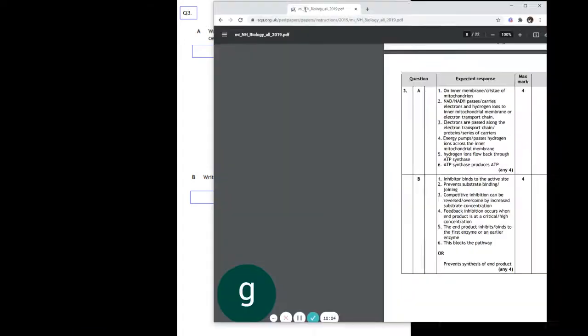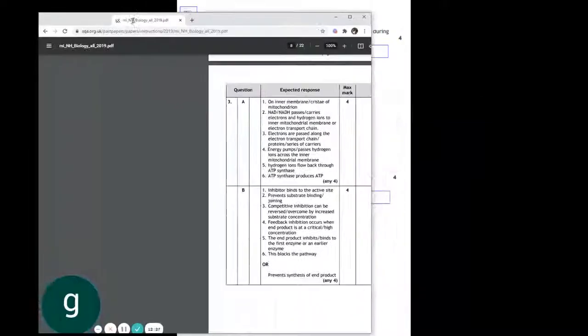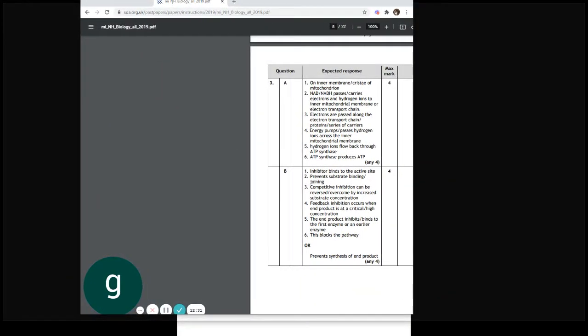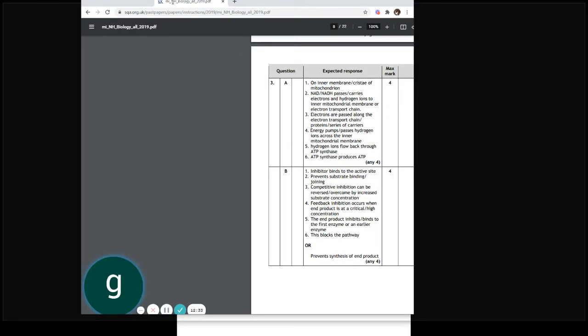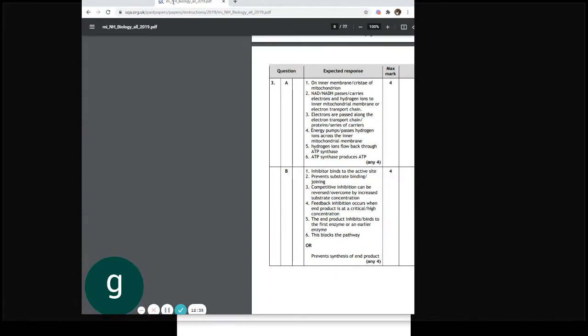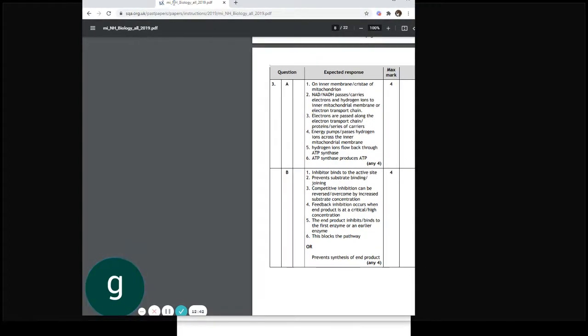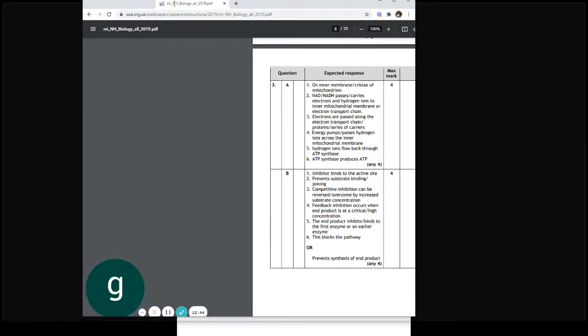Writing an account of competitive and feedback inhibition of enzymes. The inhibitor binds to the active site is the first possible mark. Prevents substrate binding or joining, the second possible mark. Competitive inhibition can be reversed or overcome by increasing the substrate concentration. You could also mention the non-competitive can't, but that extra bit doesn't get you the mark.